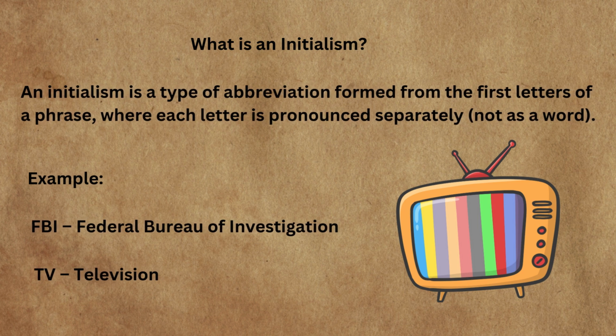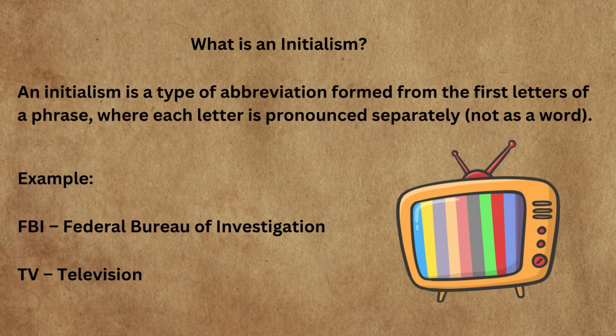What is an initialism? An initialism is a type of abbreviation formed from the first letters of a phrase where each letter is pronounced separately, not as a word. Example: FBI, which stands for Federal Bureau of Investigation; TV, television.